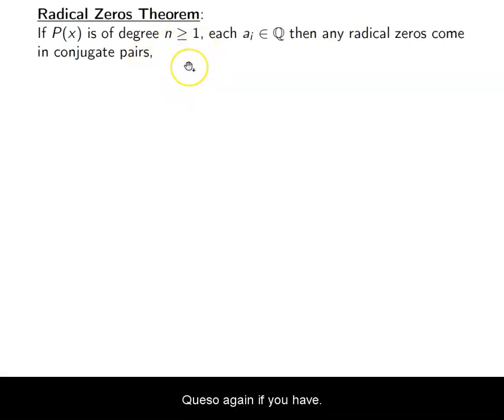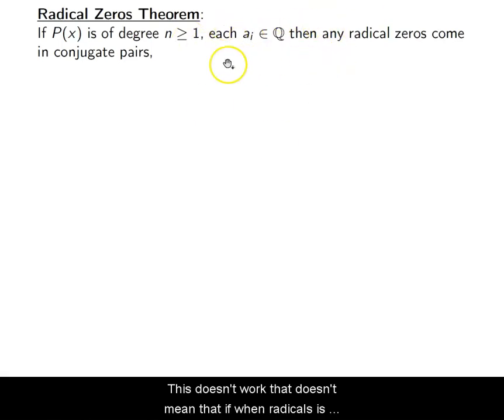Again, if you have something like square root 3 as a coefficient, this doesn't work. It doesn't mean that if one radical is a zero, so is its conjugate. It has to be either whole numbers or fractions as your coefficients. If that's true and you come across a radical zero, its conjugate will also be a zero for your polynomial.